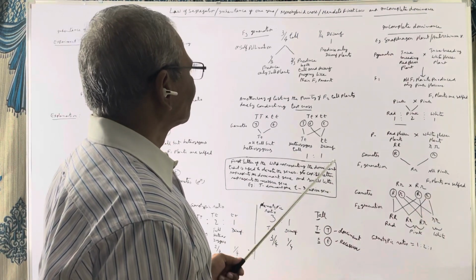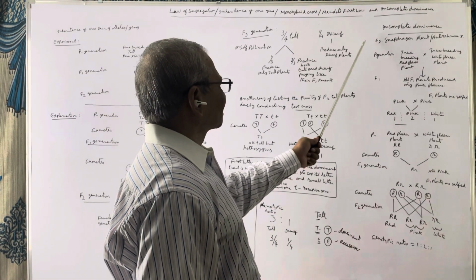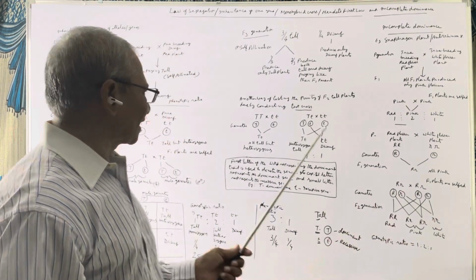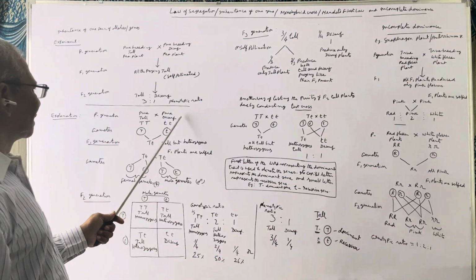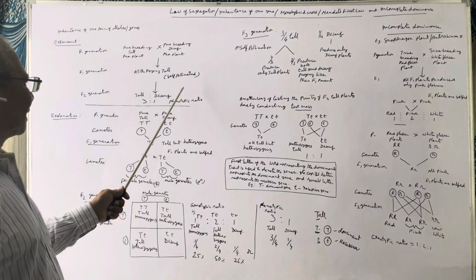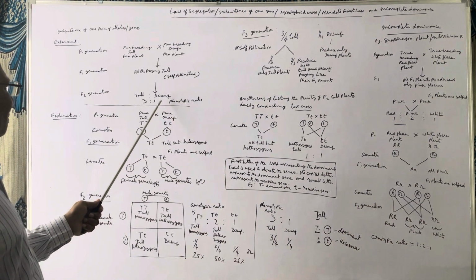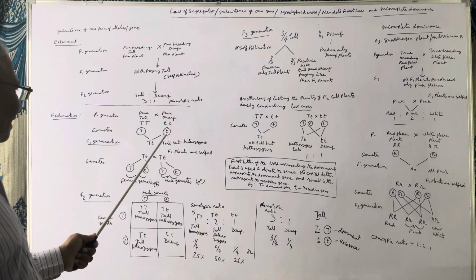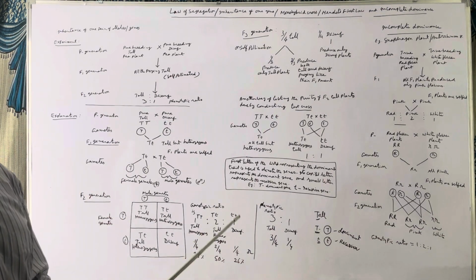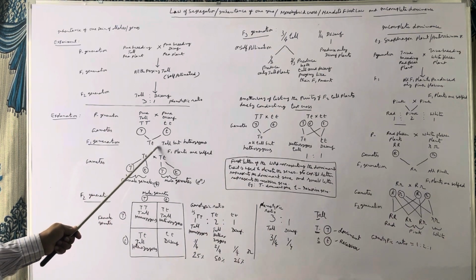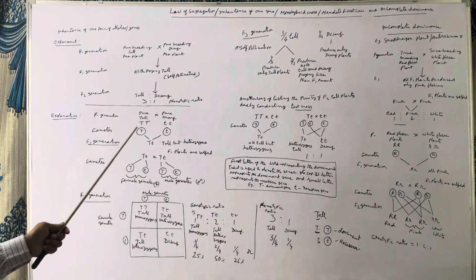Now let us consider what is incomplete dominance. So here in this experiment, the dominance is complete. The tallness is completely dominating over the dwarfness. In F1 generation, no dwarf plants appear, only tall plants appear.